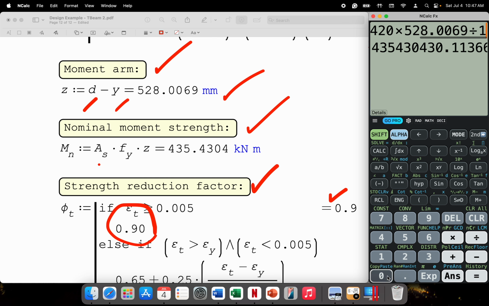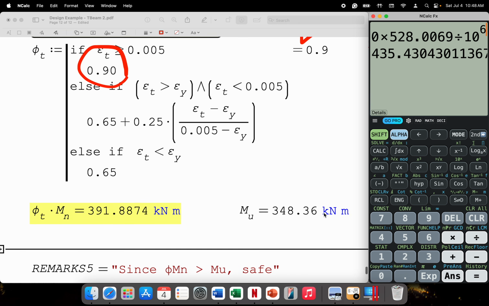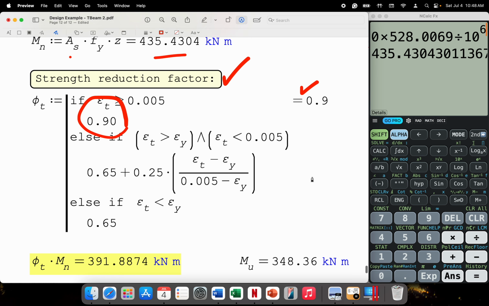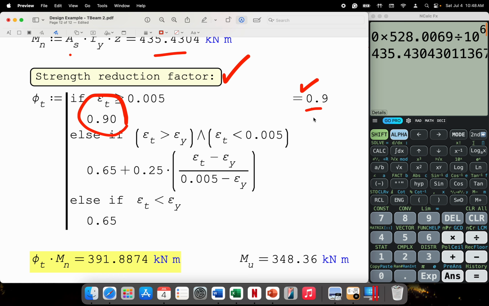Divide na lang natin to sa 10 to the power of 6. We'll get our nominal moment strength to be equivalent to 435.4304. Then, if we're going to multiply it by the strength reduction factor na 0.9, masosolve natin ngayon yung ating phi Mn.